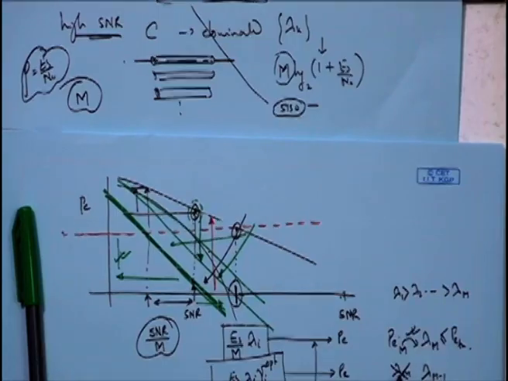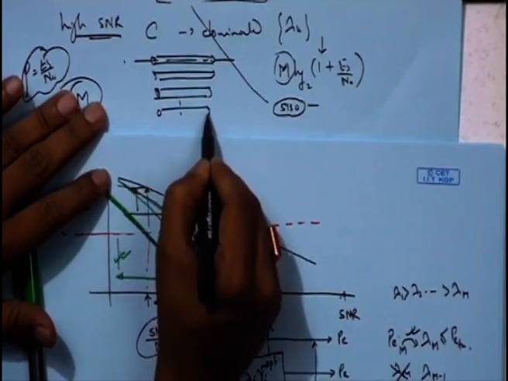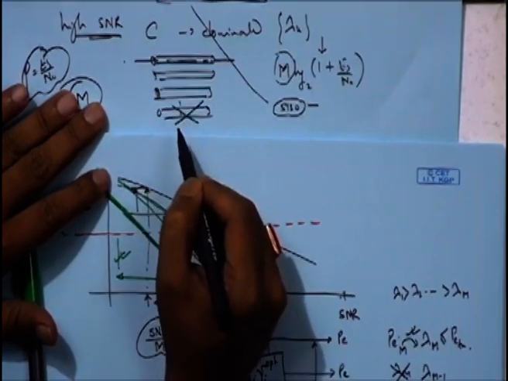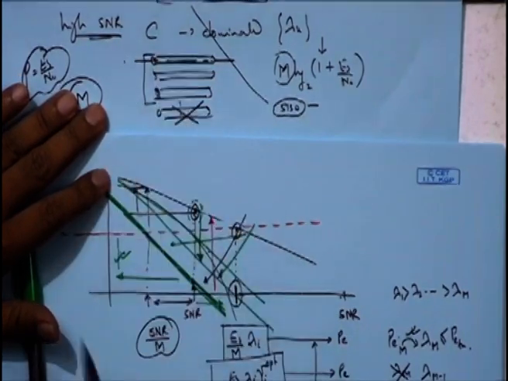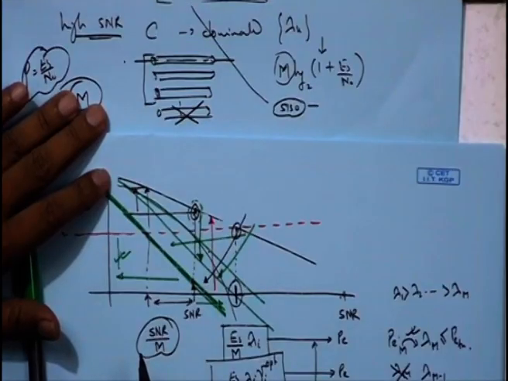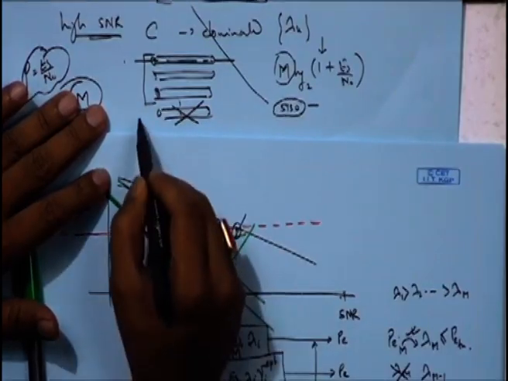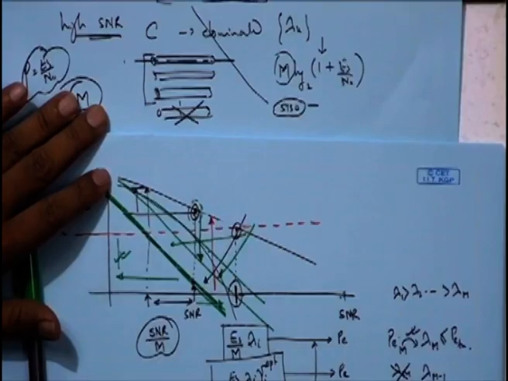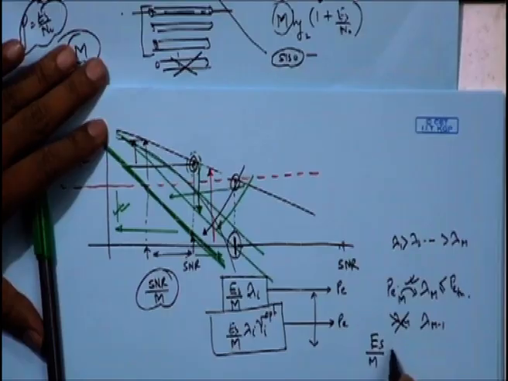When we drop lambda M, we are actually dropping one of these parallel modes, and we are reducing the number of modes. When we have a lesser number of modes, we have a certain amount of extra power. So, in this case, instead of Es by M, we now have Es by M minus 1.